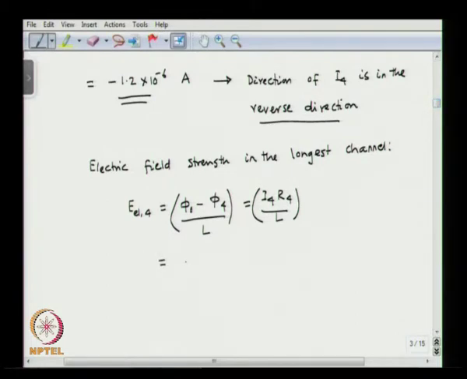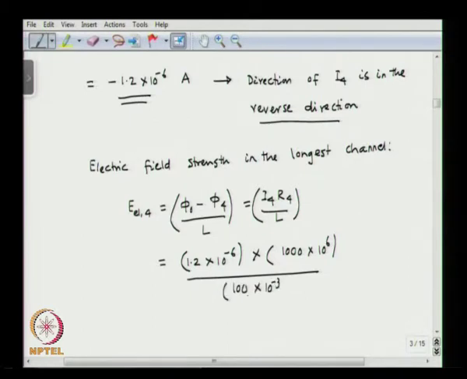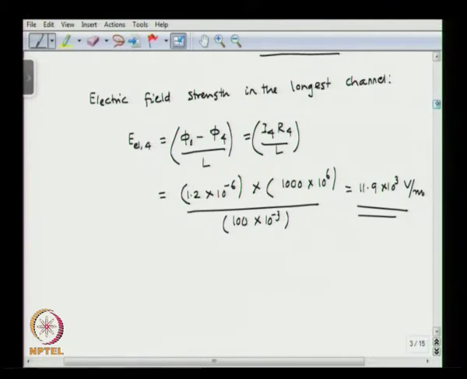I4 is 1.2 into 10 to the power minus 6 from the junction towards port 4, into R4, which is 1000 mega ohm, so 10 to the power 6 ohm, divided by the length of the channel, which is 100 millimeter, so 10 to the power minus 3. So that would be 11.9 into 10 to the power 3 volt per meter. That will be the direction of the electric field, from the junction towards port 4.